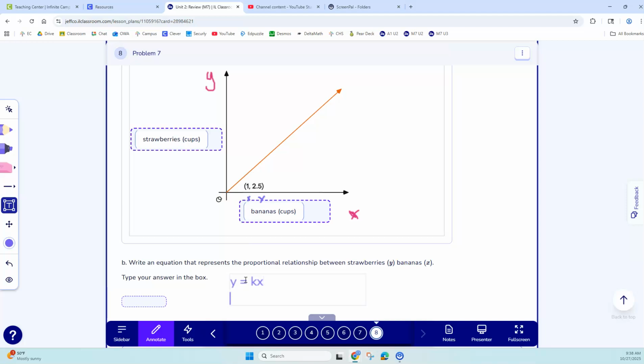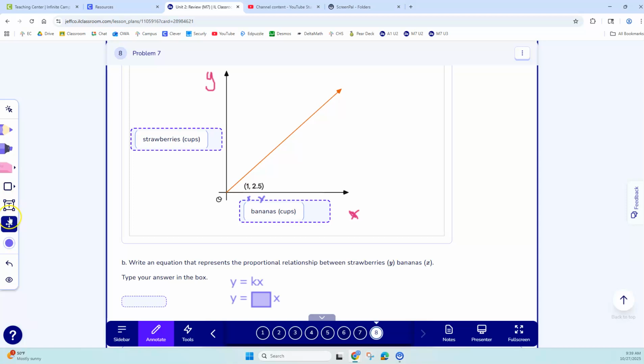And remember back to the lesson, all we are filling in is the value for k. Think of it like when you were in grade school and you would have to fill in the box, fill in the blank. So what goes right there?